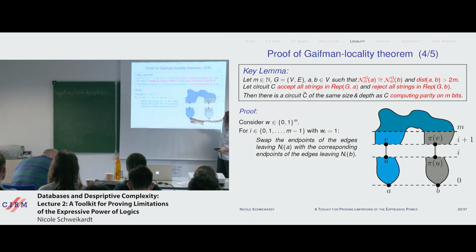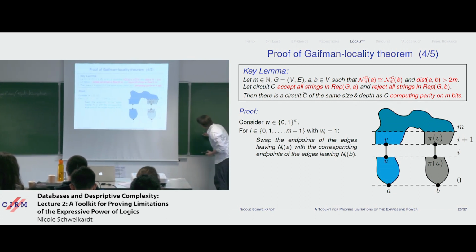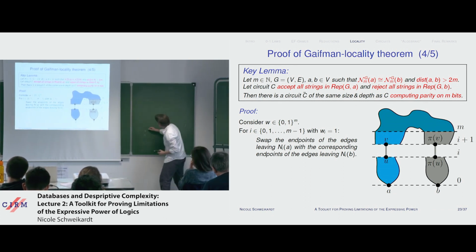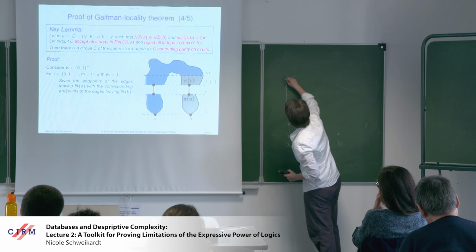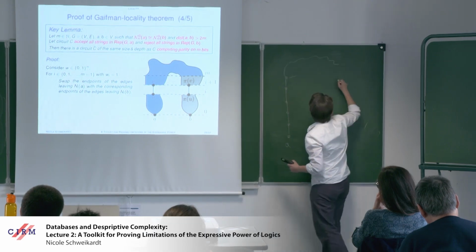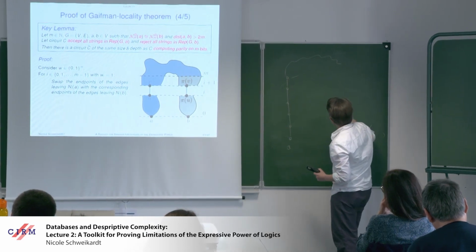Maybe let's make the picture a bit simpler. In general, we don't know what the graph looks like, but let's say here you have A, here you have B, then these neighborhoods, and then here you have whatever, and here it's the same.